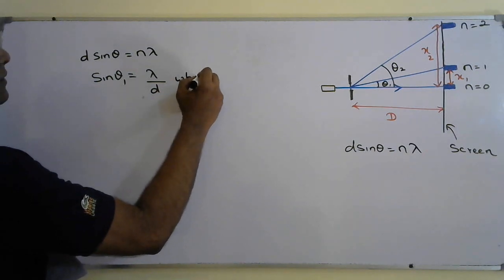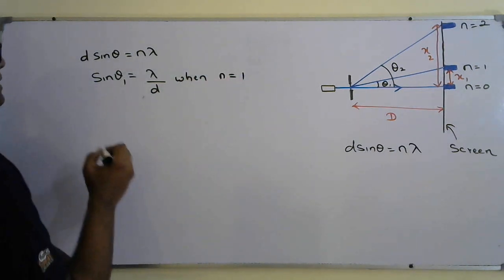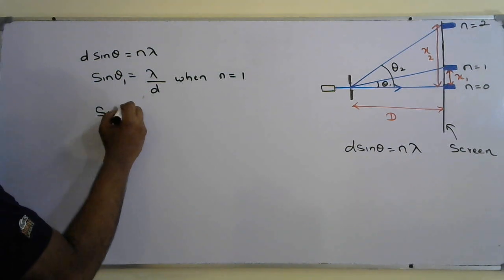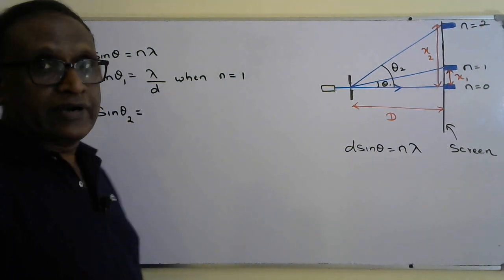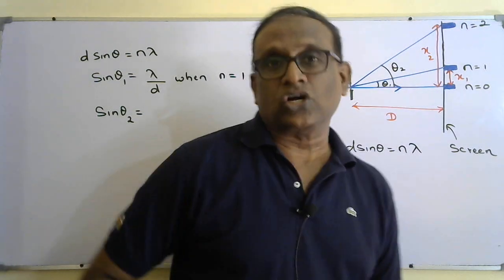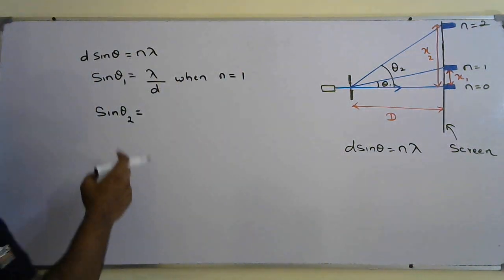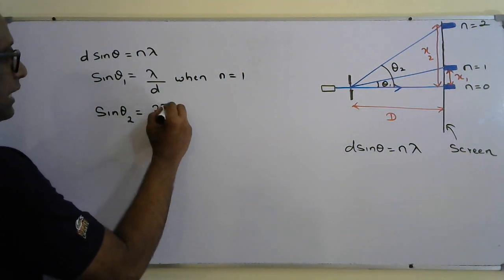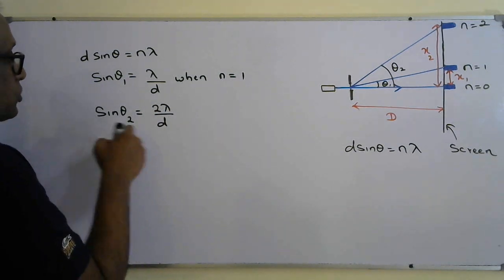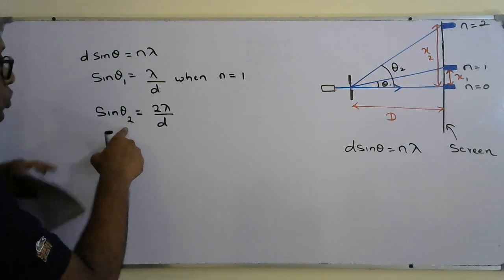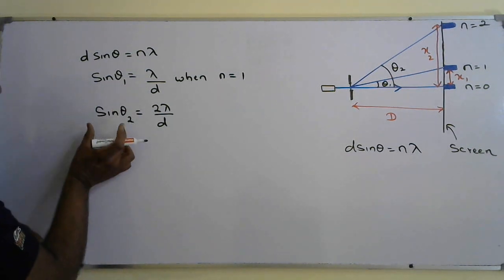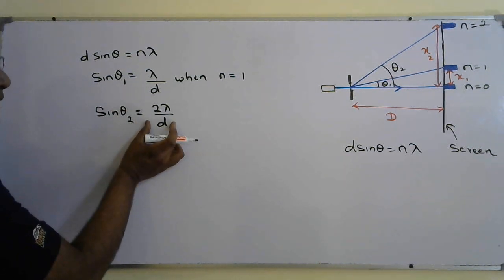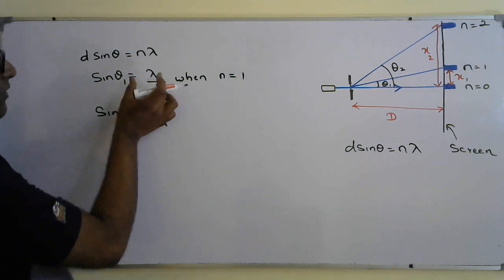In the same way, sine theta 2 equals 2 lambda over d, because I am finding the angle of diffraction for the second order bright fringe. So sine theta 2 becomes 2 times sine theta 1.